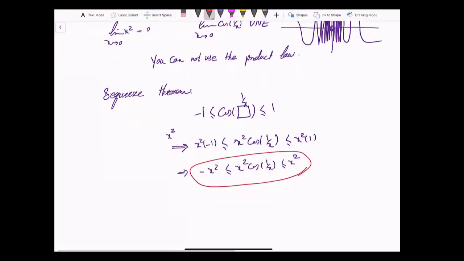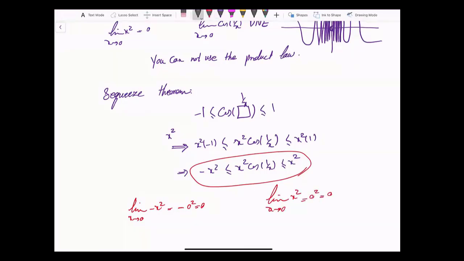Now, the limit of the lower function as x goes to 0 is negative 0 squared, which is 0. The limit of the upper function as x goes to 0 is 0 squared, which is 0.